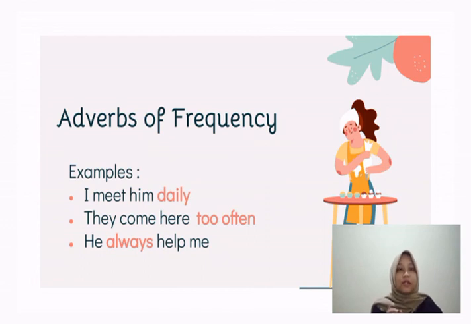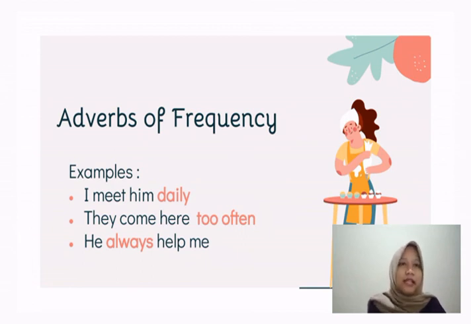And here we have three examples actually. The first one is, I met him daily. And the word daily here is an adverb of frequency because it tells about how often or how many times the action occurs.